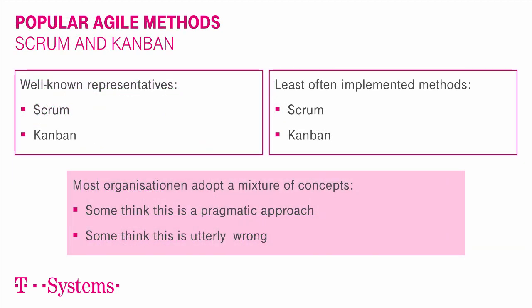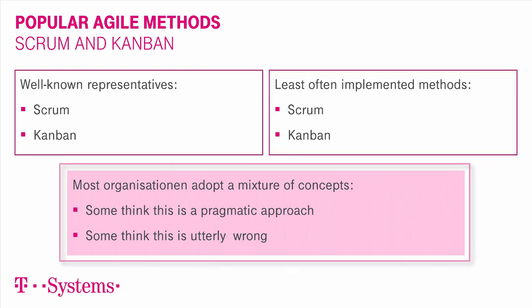The by far most well-known representatives of agile methods are probably Scrum and Kanban. But unfortunately, the least often implemented methods are also Scrum and Kanban. So, how come?